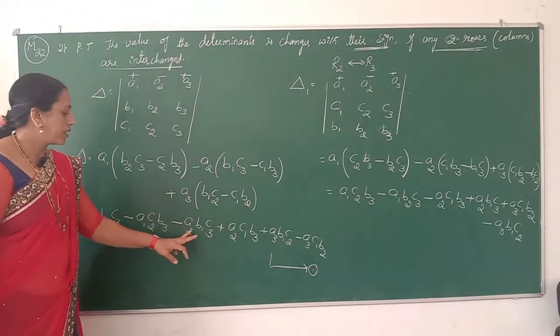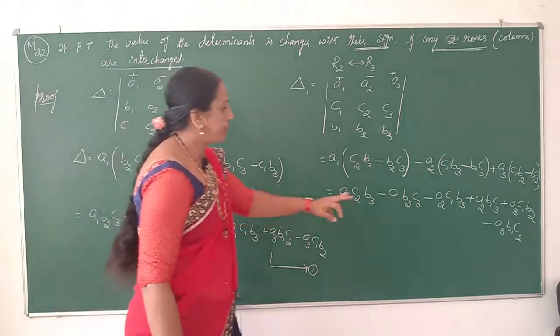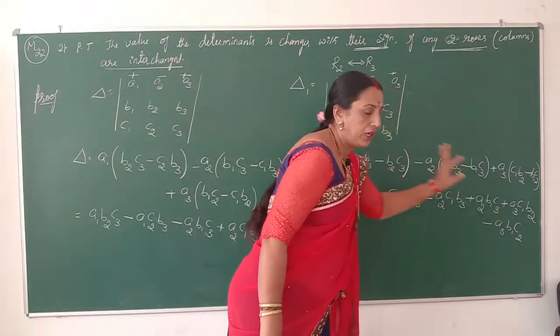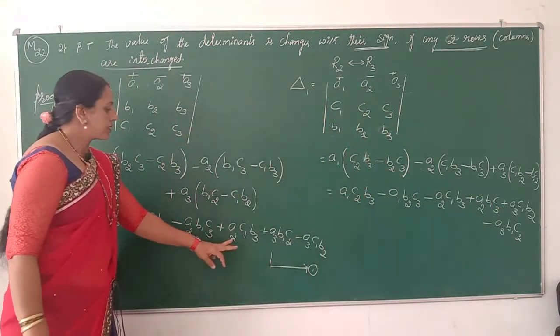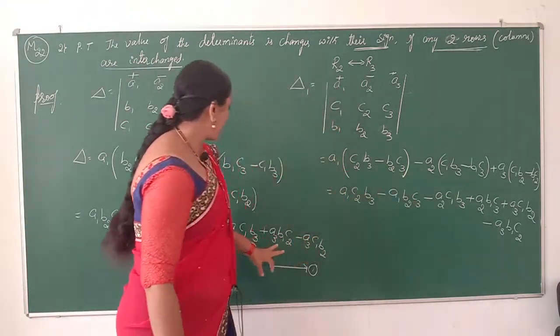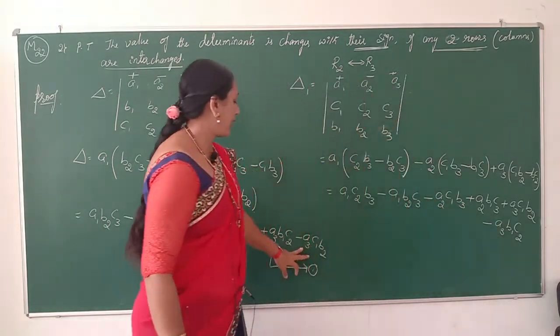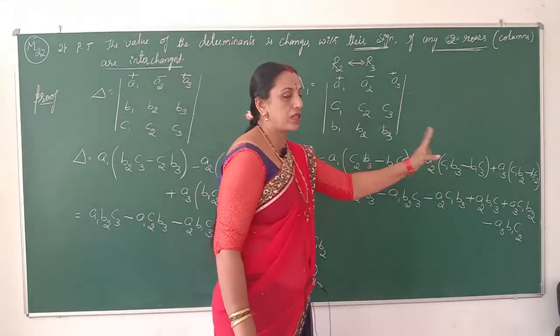The third element is minus A2 B1 C3, which is positive in that equation, plus A2 B1 C3 is negative. Similarly, A3 B1 C2 is negative, and minus A3 B1 C2 is positive.